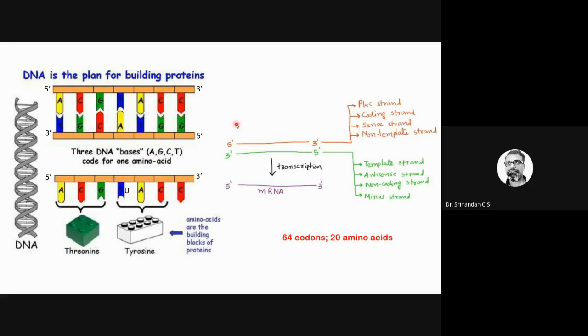Okay. So this 5 prime to 3 prime strand, because RNA is forming similarly to it, is called the plus strand, because the RNA is there. Okay, or it is called the sense strand. This is called the antisense or the minus strand.